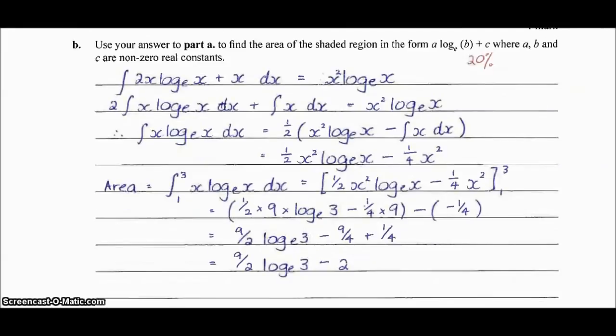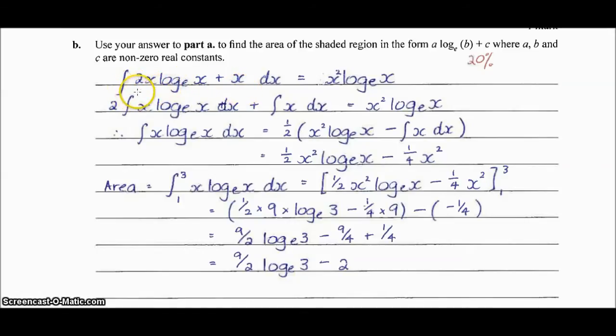So if we can somehow change what we've got here to just the integral of x log of x, then we'll have an expression for the antiderivative of that, and we can find that area. So what we're doing here is we're going to break up this integral.